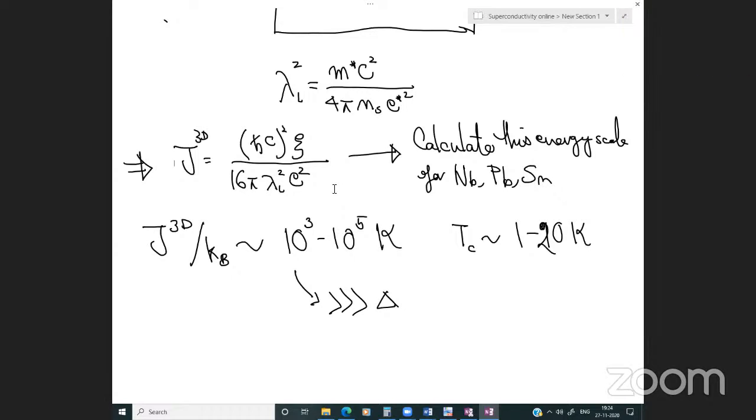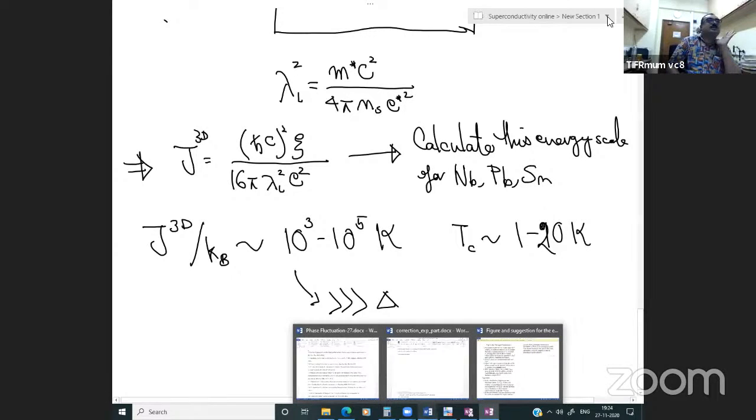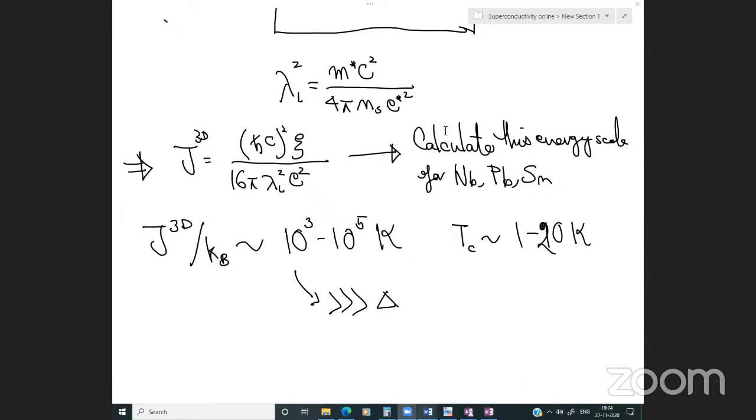Introduce defects. Yes, that is correct. But can you explain a little bit more? Dirty limit. Yes. But what does dirty limit mean? Explain a little bit.